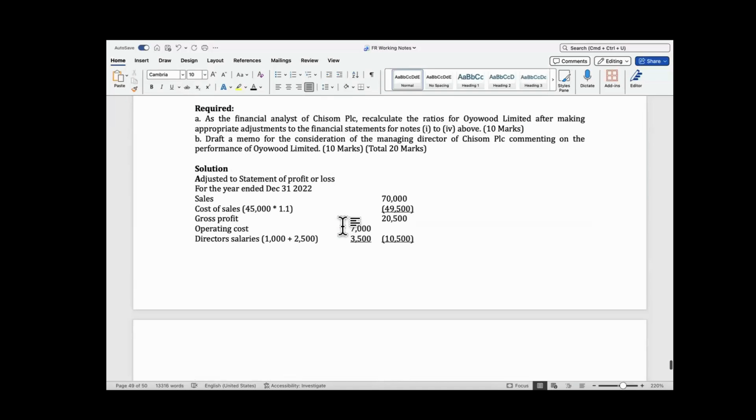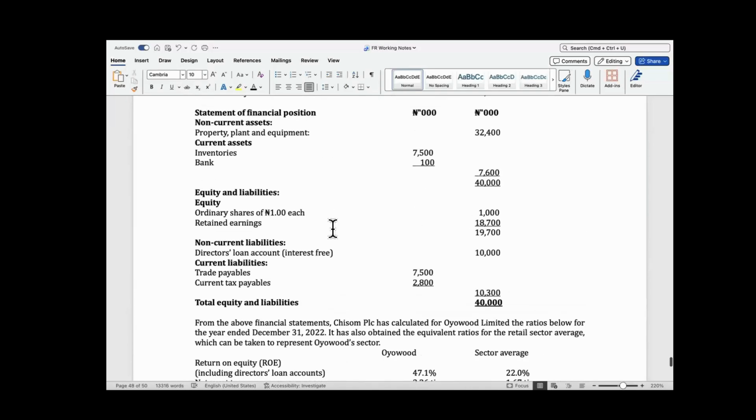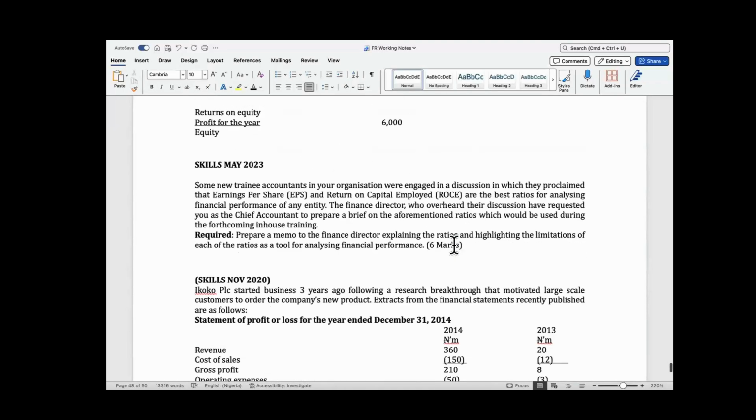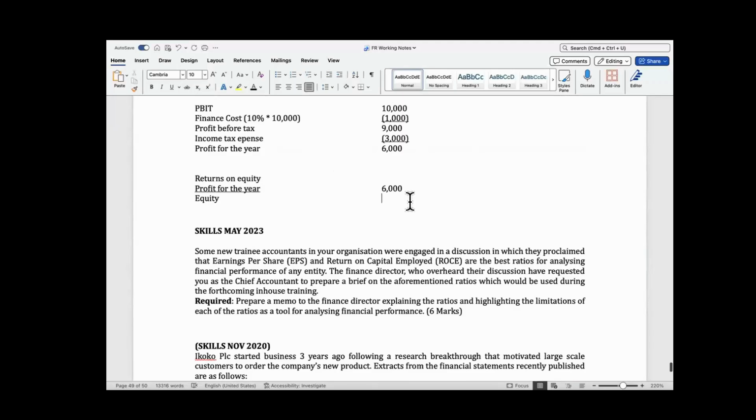Equity is 19,700. What would that give us?